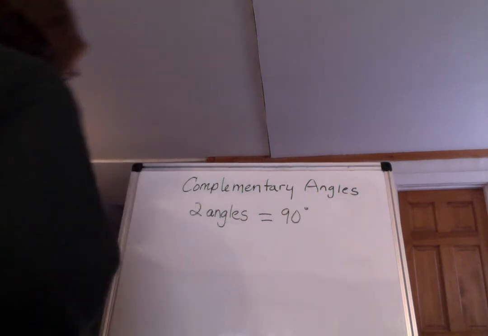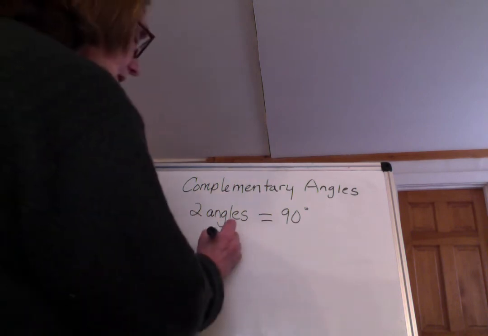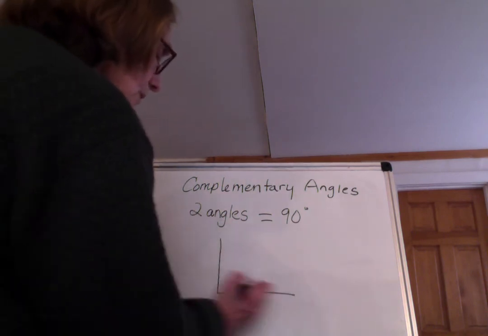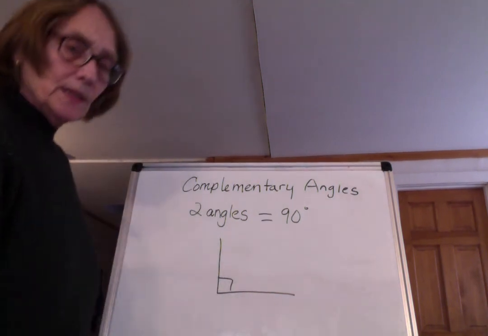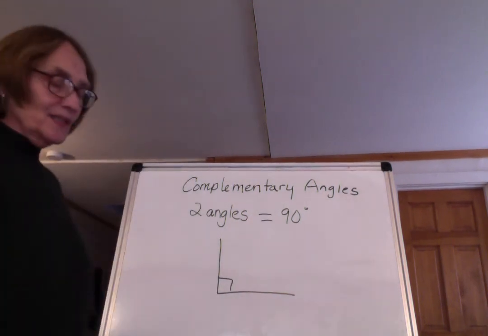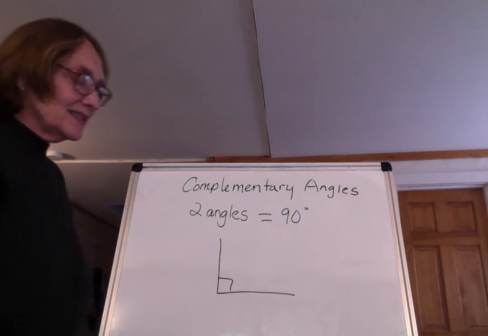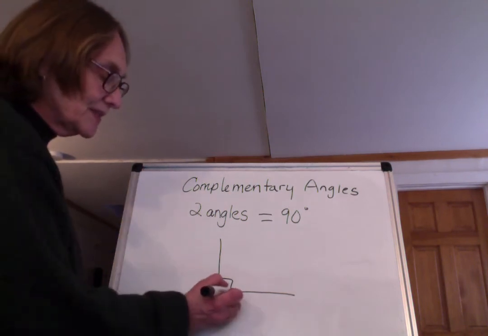They're not very big angles. Here's a 90-degree angle, and we can tell it's a 90-degree angle because it has a box right there in the corner. Don't even have to have any numbers. That is a 90-degree angle, right angle.